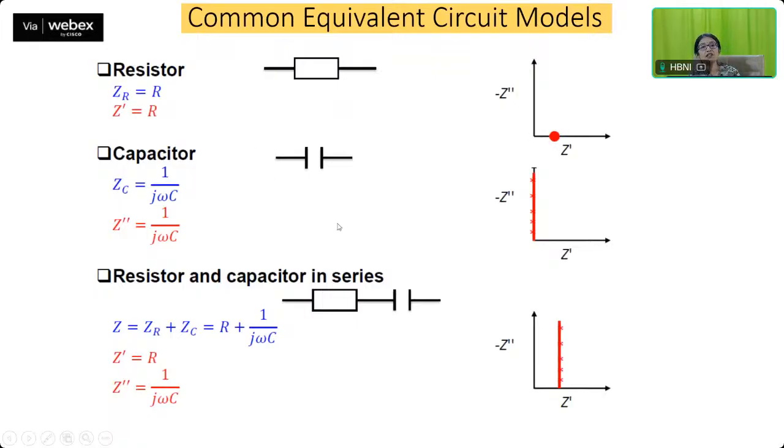In case of a capacitor, it has only an imaginary component and the values are going to be coming only on the Z double prime axis. Whereas if you have a resistor and a capacitor in series, then this is how it is going to look. It is going to have both a real component as well as an imaginary component, and along with it, you will also see a kind of a shift.